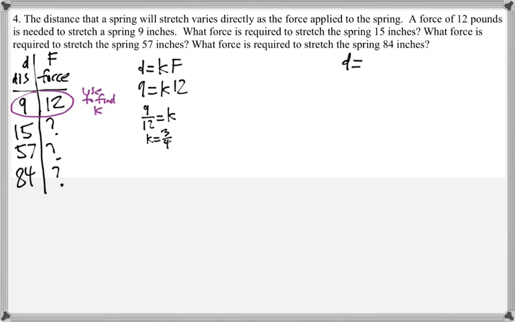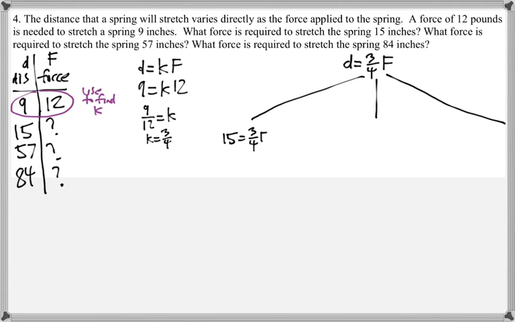So D is equal to 3/4 times F. And we're asked 3 different questions here. They want to know what the force is. So this is 15 for the distance, and they want to know what the force is here.